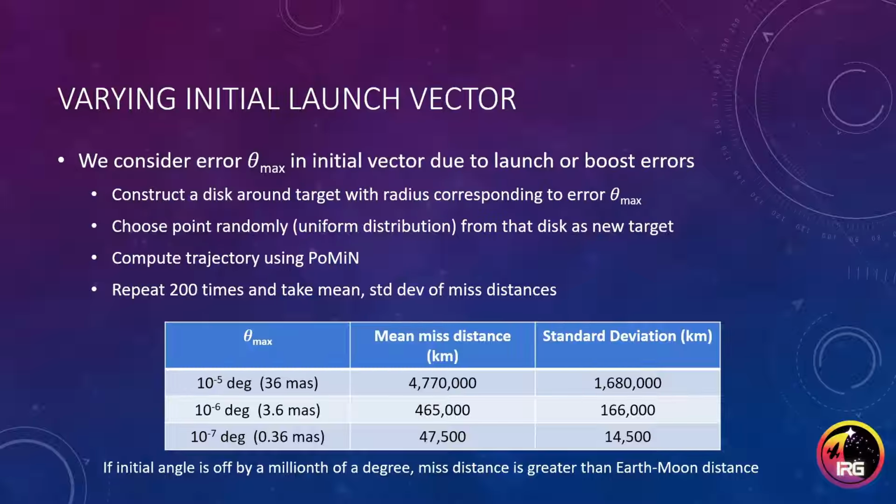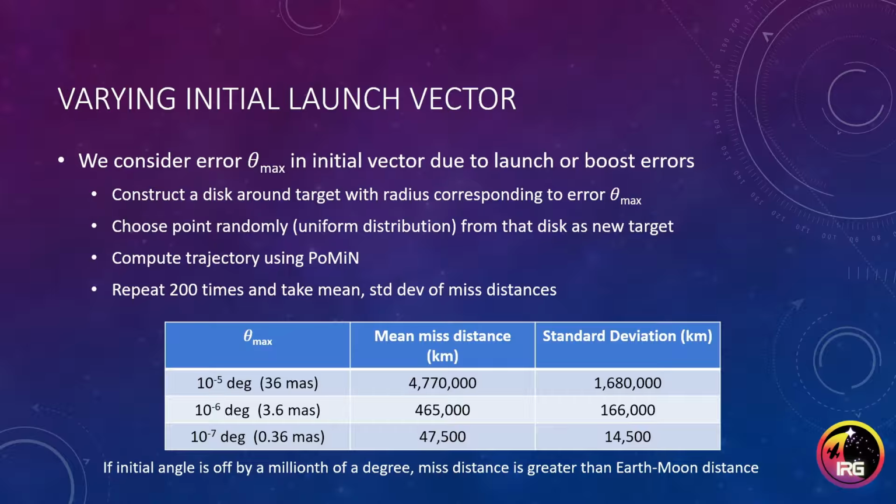What we did is we constructed a disk around the target that has a radius corresponding to the error theta max. We choose random points on that disk to be our new targets, and then we compute the trajectory hitting those new targets that are missing the main target by up to an error of theta.